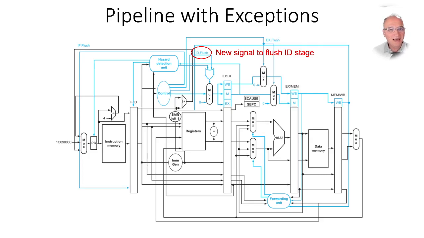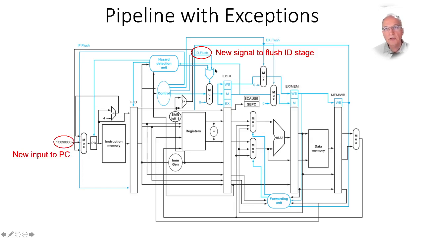The control unit can produce a flush signal that will control these muxes here and decide whether what goes to the subsequent units is the 0, which will make that operation a no-op, or the regular control signals. Notice that there is an OR gate here that says I'm going to send the 0 either if the hazard detection unit detected a hazard and therefore I need to squash an instruction, or if the control unit decided that I need to flush the pipeline.